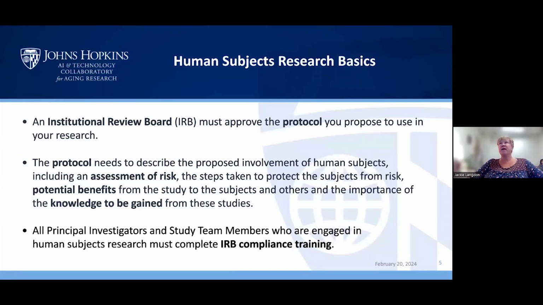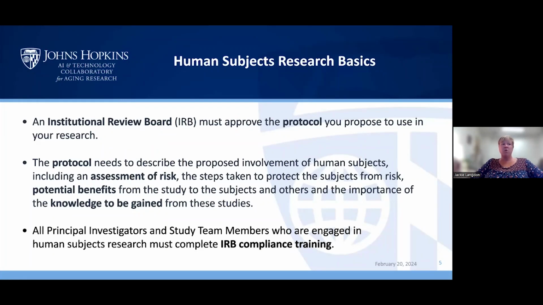All right, so some basics about human subjects research. If you are doing it, it will require institutional review board approval. The institutional review board, IRB for short, which is what I'll probably say the rest of the time, will review the protocol, which will have to describe the involvement of human subjects and explain what you propose to do. You have to include an assessment of risk and outline steps you'll take to mitigate any risk.